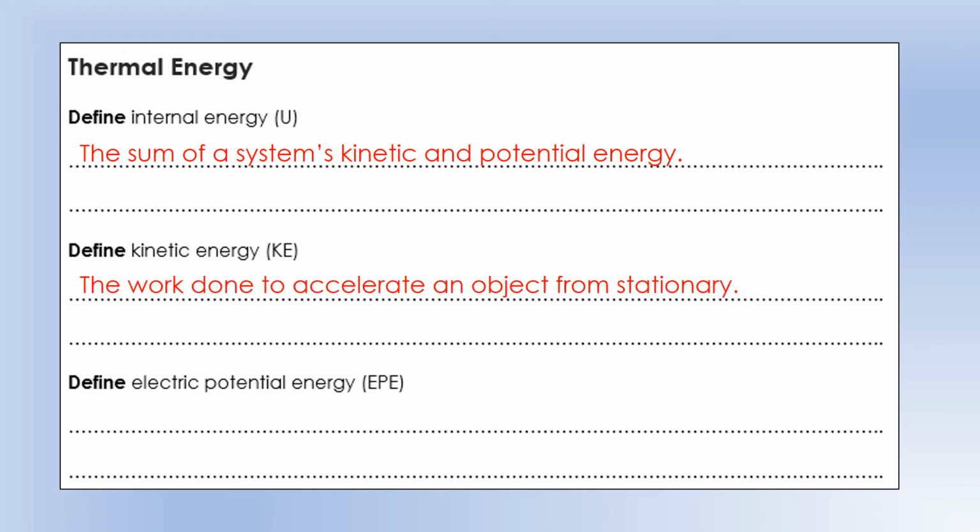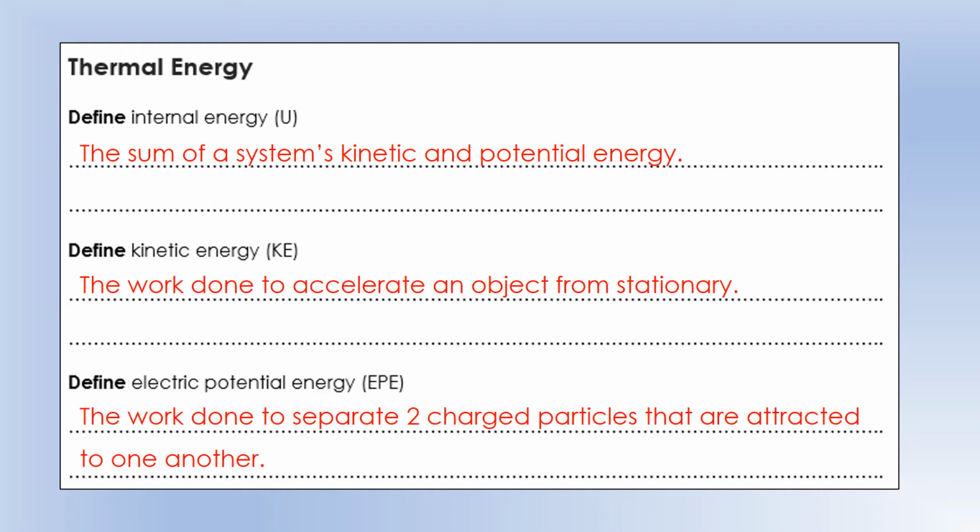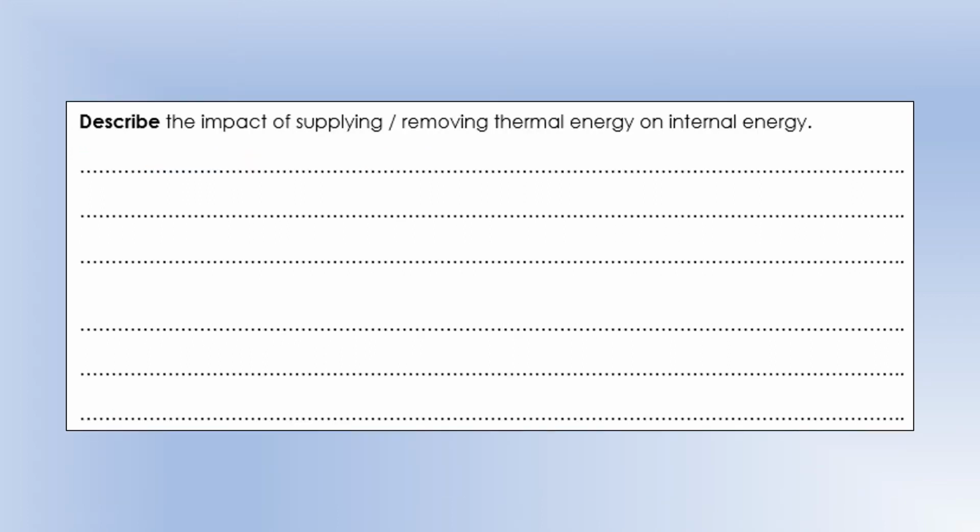Kinetic energy is the work we have to do to accelerate an object from stationary. So when we increase the speed of an object, we're effectively storing energy in its motion. Electric potential energy is the work done to separate two charged particles that are attracted to one another, because they don't want to move apart. So if we want to make them, we have to do work.